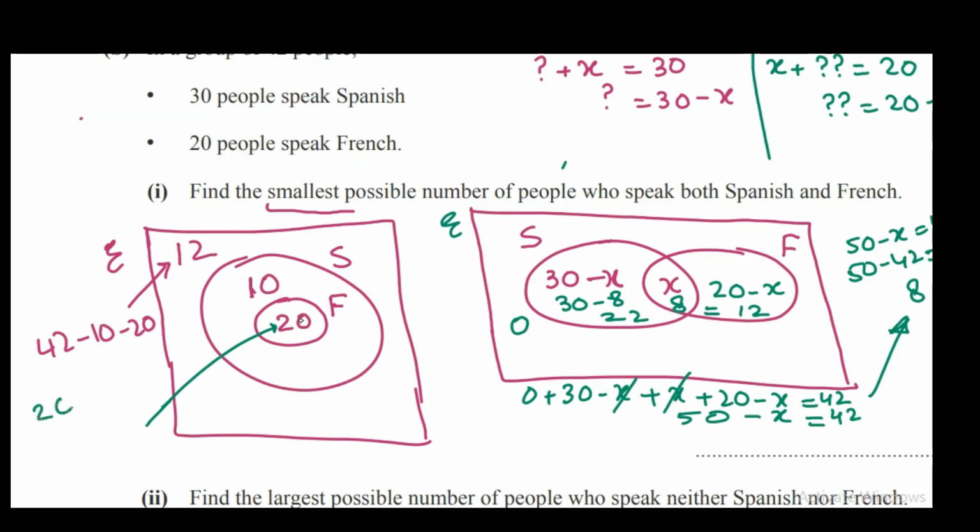And in this diagram, this region represents 8 speak French and Spanish both.